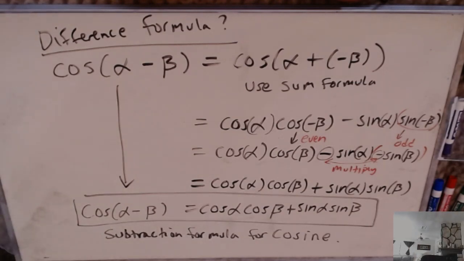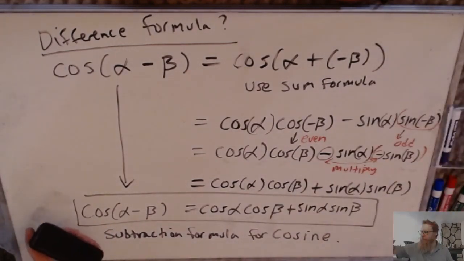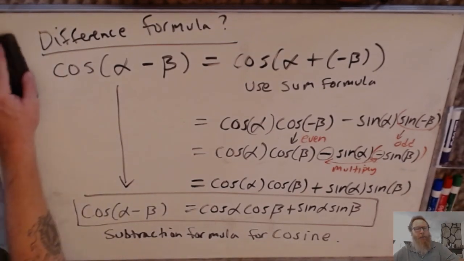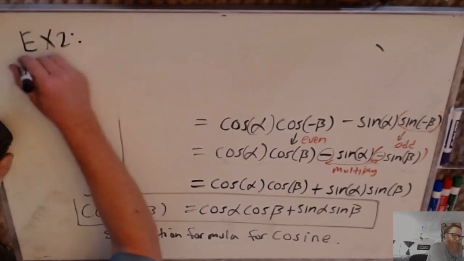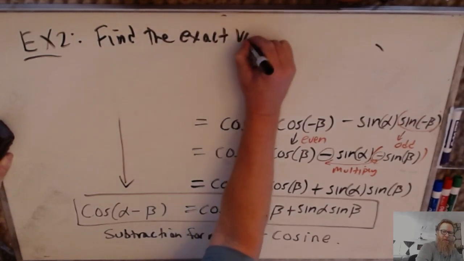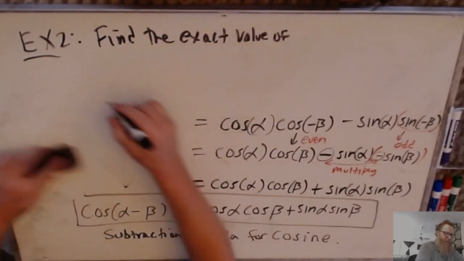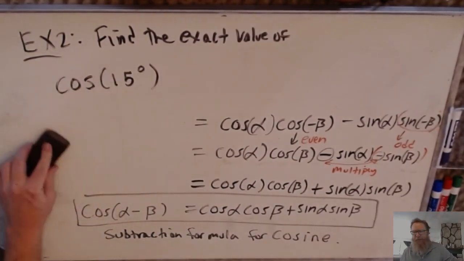Let's see an example. Example 2. Find the exact value of cosine of 15 degrees.